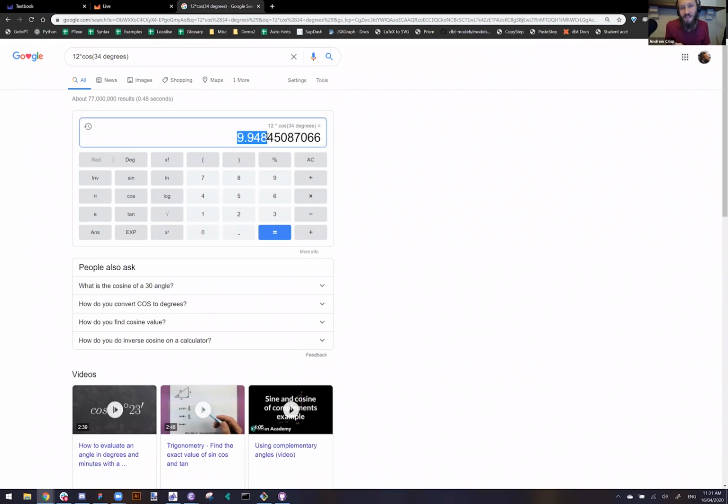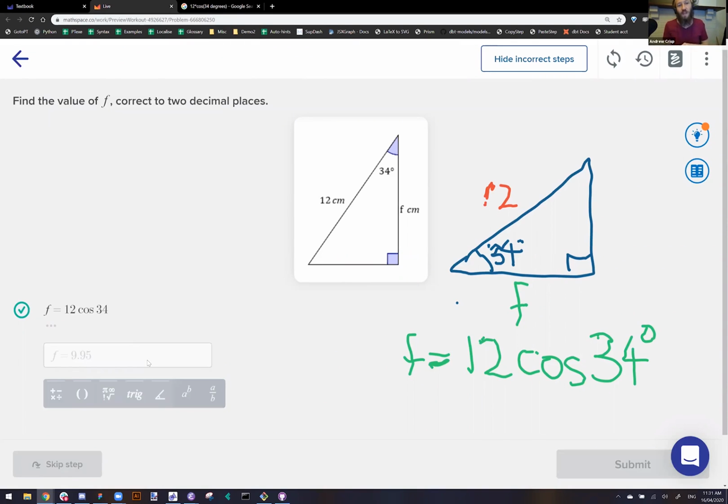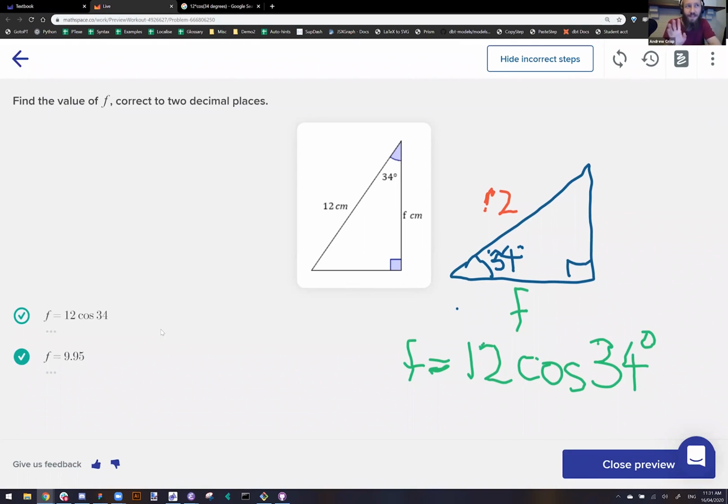So this is my answer, 9.948. I've got to give it to 2 decimal places, so I round up to 9.95. F equals 9.95. Okay, but whatever, the calculator part isn't important.